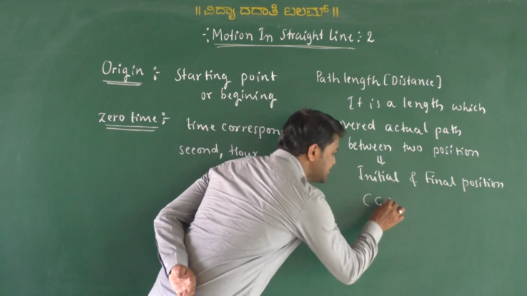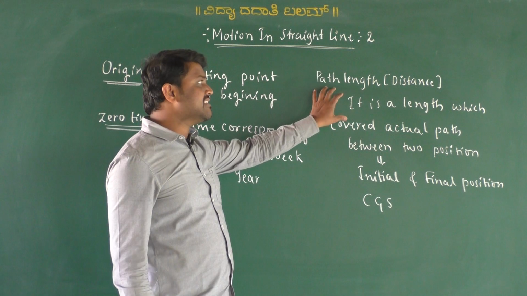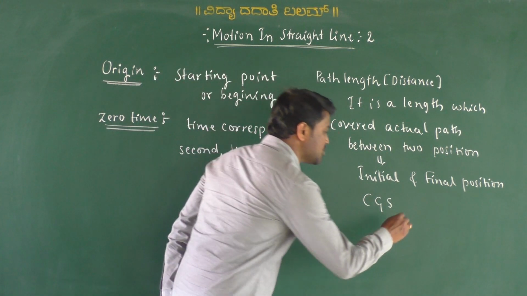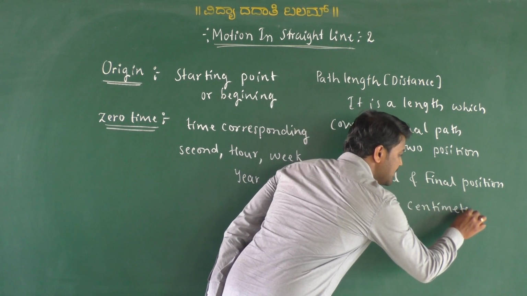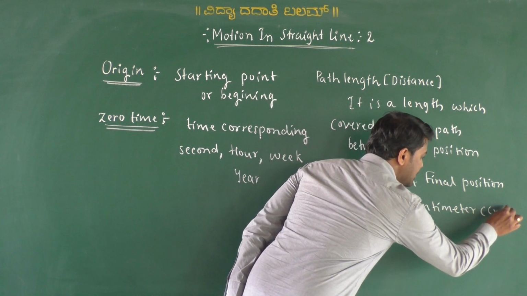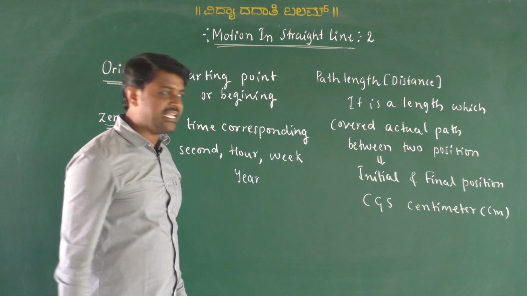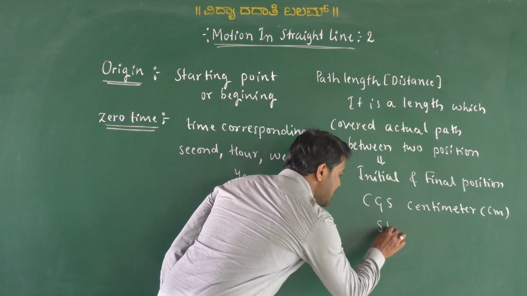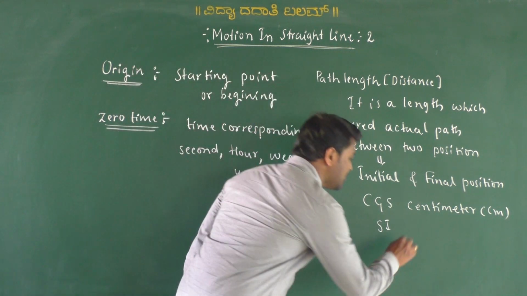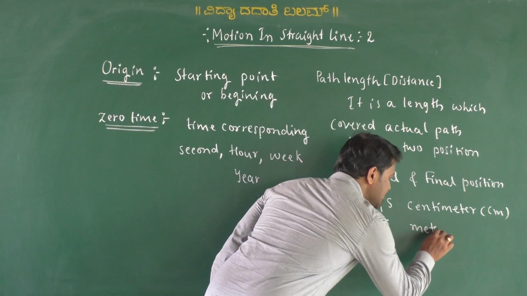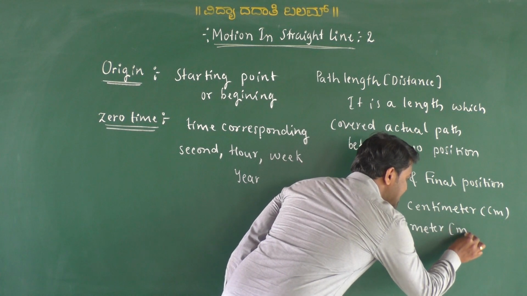In CGS the path length or distance is measured in centimeters, cm. The most popular unit is SI. In SI units, the path length or distance is measured in meters, m.